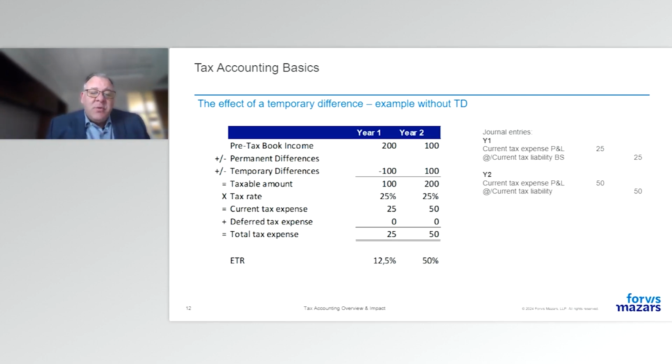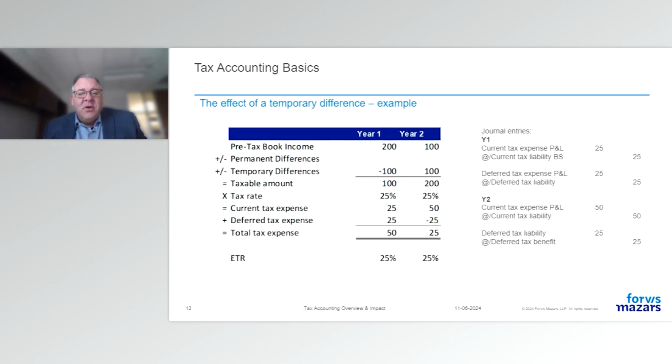So that's a 12.5% effective tax rate on my 200 of income. In the next year, when that 100 of temporary differences reverses, I'm going to pay $50 in tax, and my income is only 100. As a result, I'm going to have a 50% rate of tax. That is not the appropriate approach. The appropriate approach is here on slide 13.